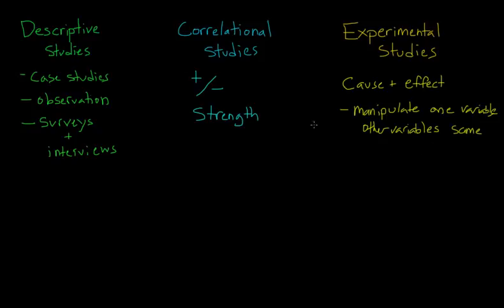And this way, any differences that we see, we can attribute to our manipulation. And we know this because nothing else has changed in this study. So let's look at an example to see how each of these types of studies can be used.